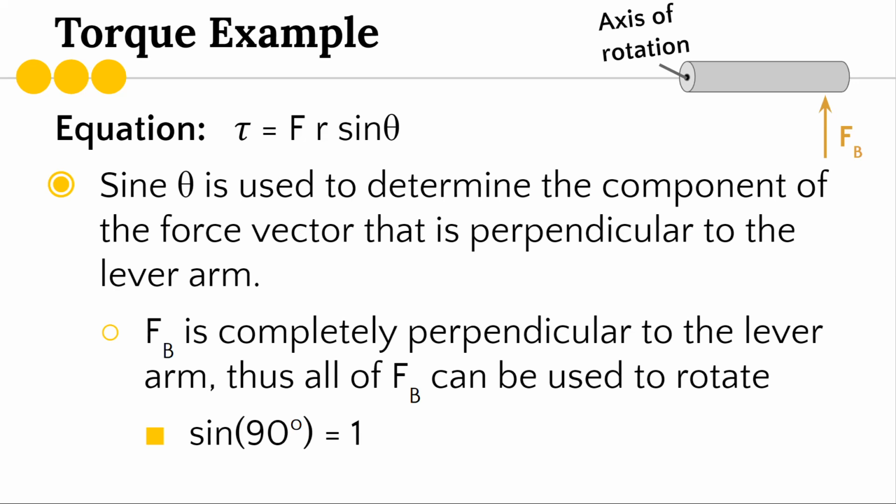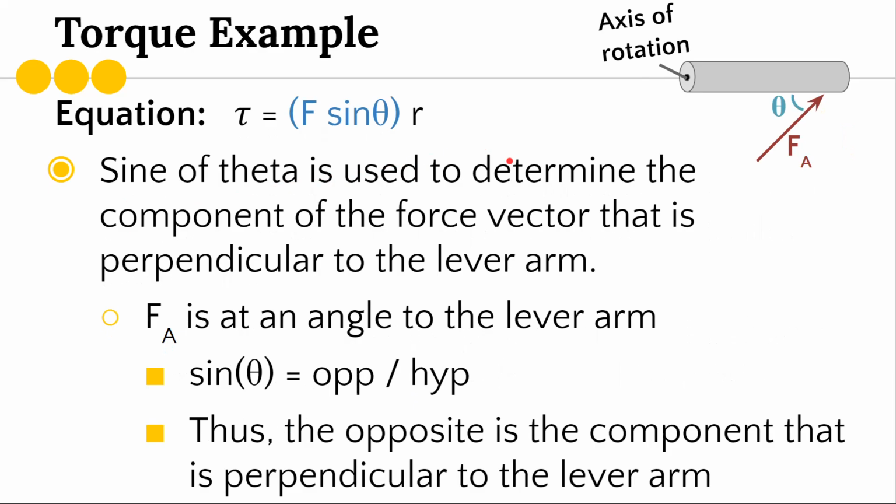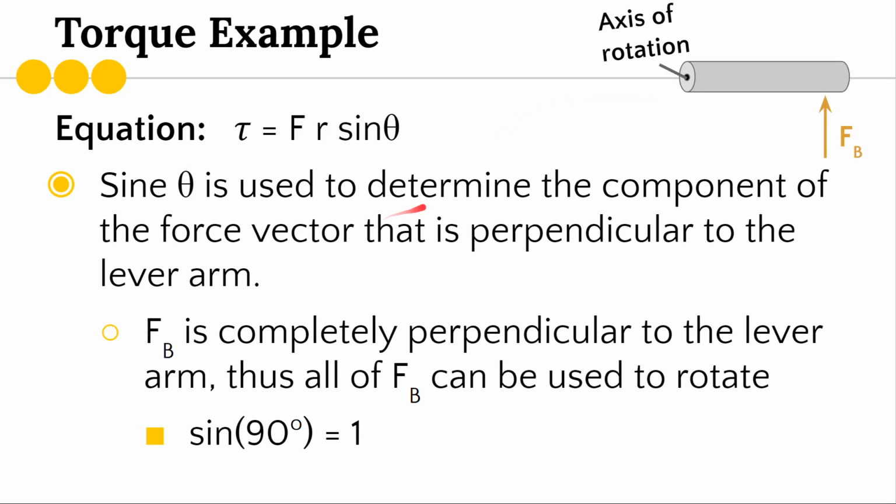So if you look here, sine theta is used to determine the component of the force vector that we already talked about, that is perpendicular to the lever arm. In my example here, F_B is completely perpendicular to the lever arm, thus the entire force, all of F_B, can be used to rotate whatever this object is.